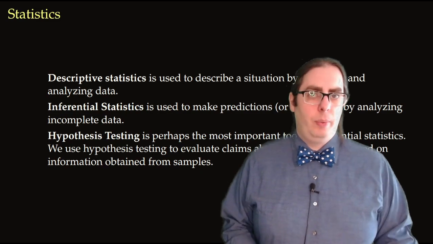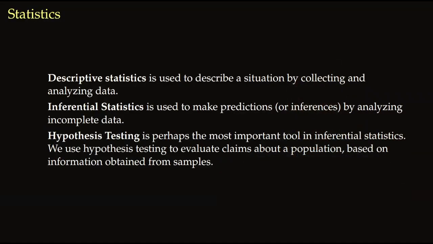The other tool that we have in statistics is the idea of inferential statistics. We take a population, or more generally, a sample of a population. We look at what is happening with that population or the sample, and we use that information to predict what is going to happen in the future.